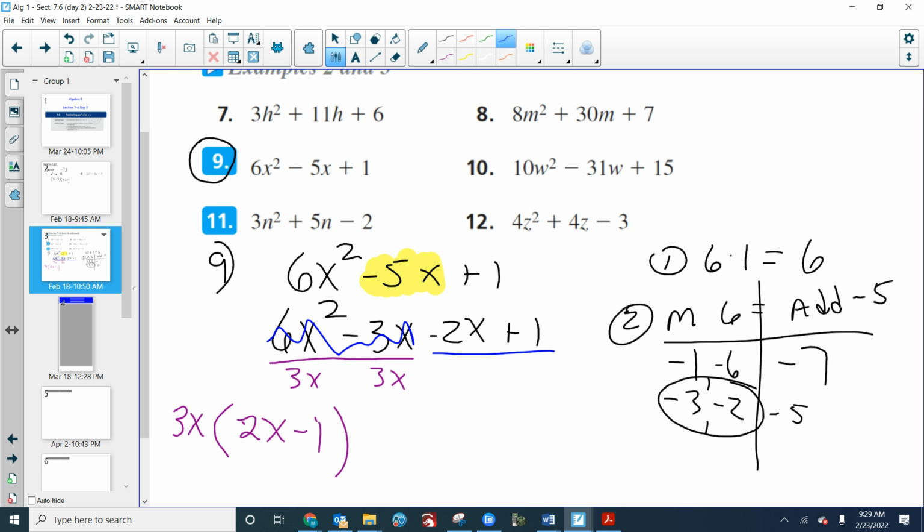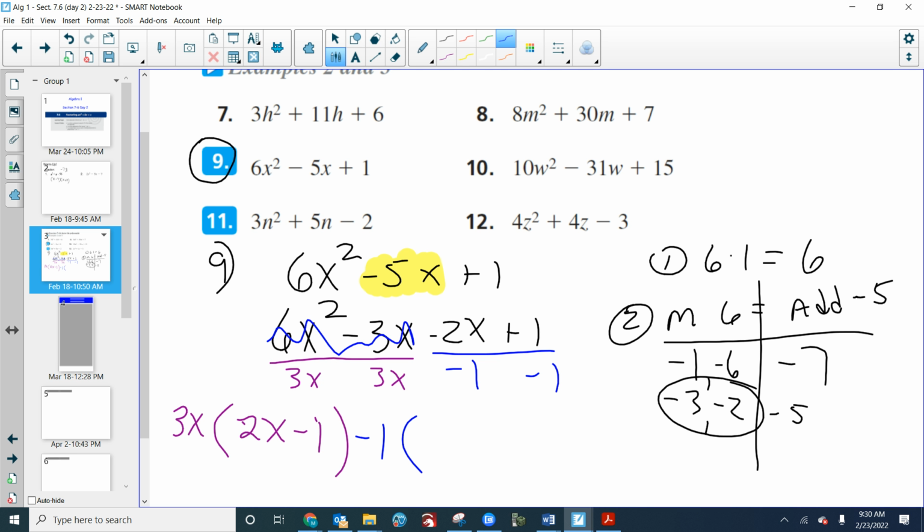The second one probably will not, because we have a number by itself. So just kind of think about that. Okay, guys, what can I take out of there? What do I want to make it though? I want to make it negative 1 because that's a negative first term there. I want to take that out. There's my GCF. Write it down.